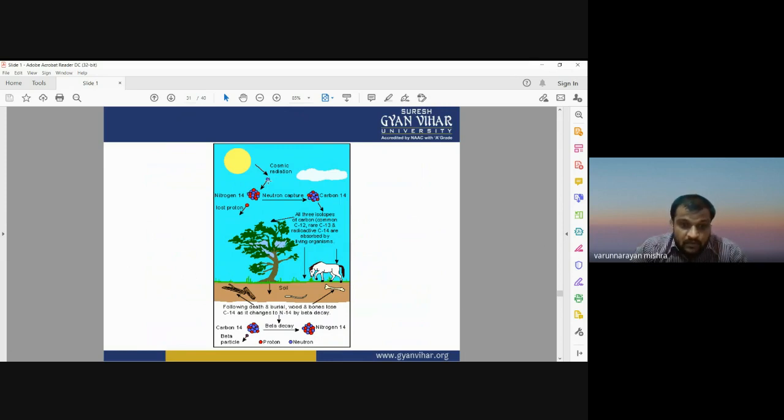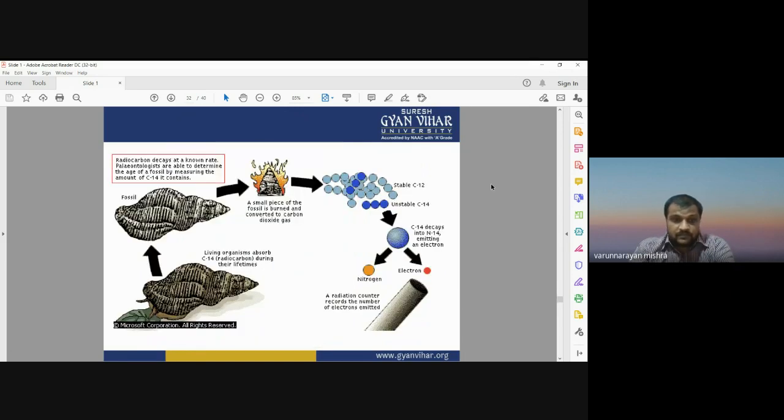After death and burial, wood and bone lose C14 as it changes to N14 by beta decay. So carbon-14 starts decaying and is converted again into nitrogen-14. It tells us whether the organism is living or dead. This is the entire mechanism.